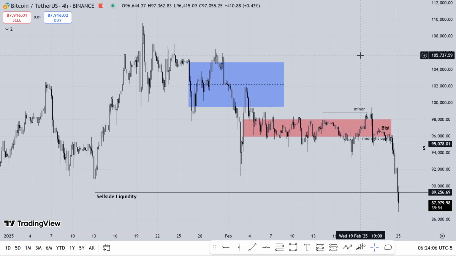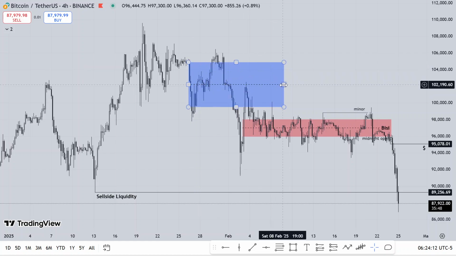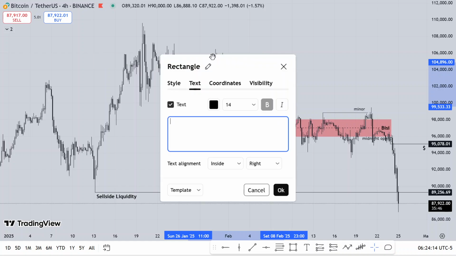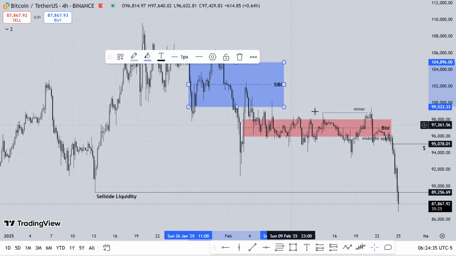Now, we indicated this sell side CB, which is a sell side imbalance, buy side inefficiency, meaning the delivery was done on the sell side and lacking in buy side delivery, making this a CB, sell side imbalance and sell side inefficiency.